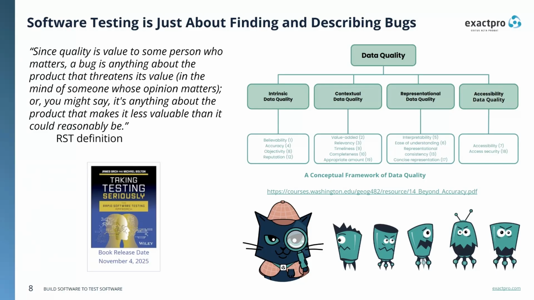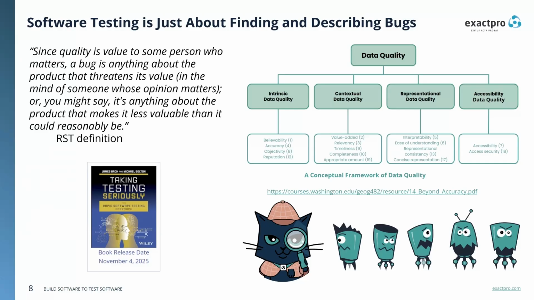Another example, people say, but if it is just a usability issue, it is not a defect. It's not a functional defect. But usability is the ability to use the software by people who matter. And if there is something in your software that makes it harder for them, it is certainly a defect.